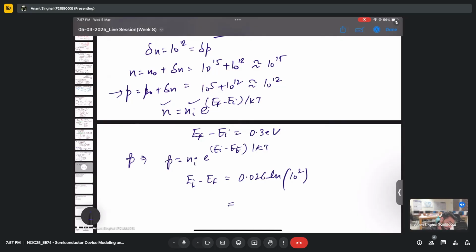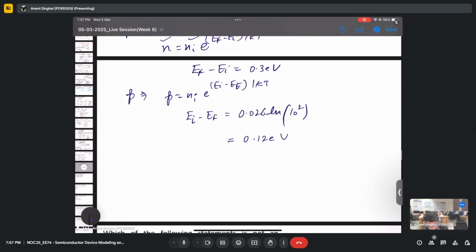You calculate quickly. This is coming out to be 0.119, yeah, 0.12 electron volt.